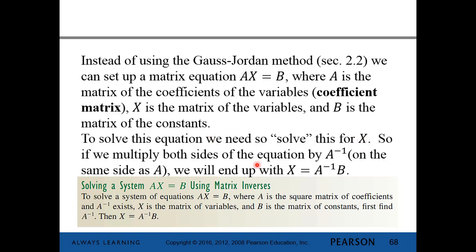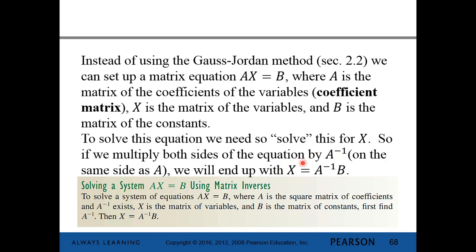If we multiply both sides by the inverse, on the left here and on the left there, then remember, the inverse matrix times its original matrix equals the identity matrix, and the identity matrix times any matrix gives that matrix. So we end up with X on the left, and on the right we end up with A inverse times B. This is what we're solving for.